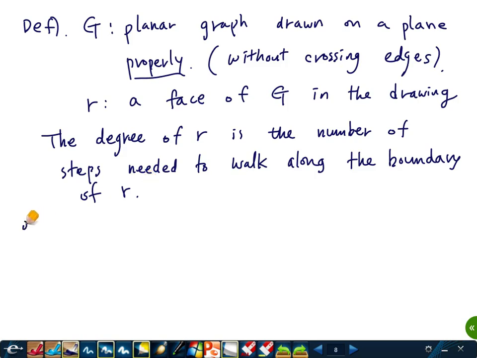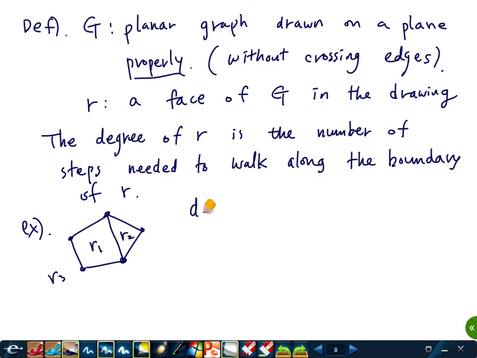So I'm going to explain this with an example. This actually is quite a simple concept if you see this example. Suppose that we have this planar graph, drawn properly, right? We don't have any crossing edges. Here we have three faces. So let's say this is R1, this is R2, and this is R3.